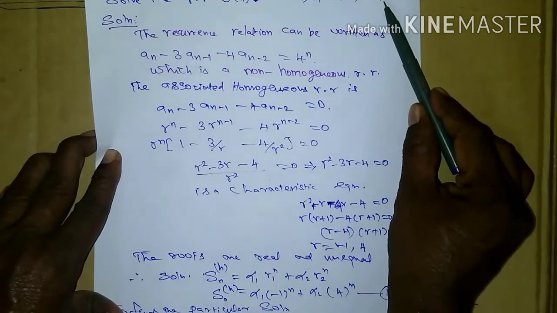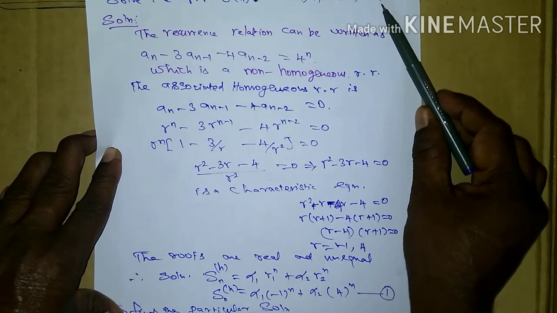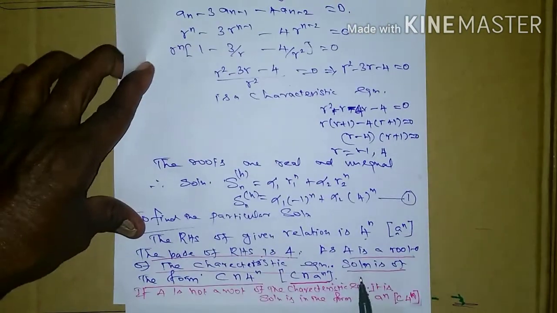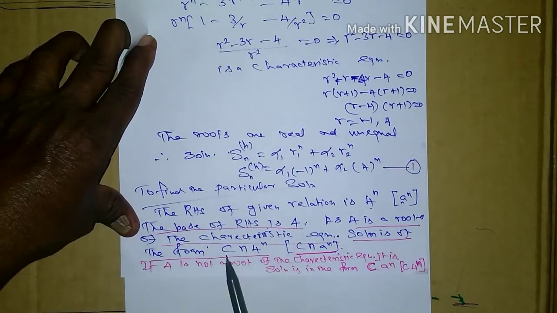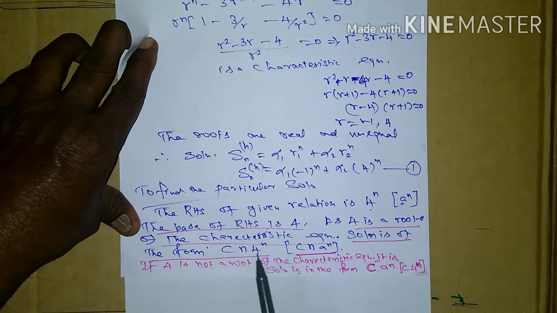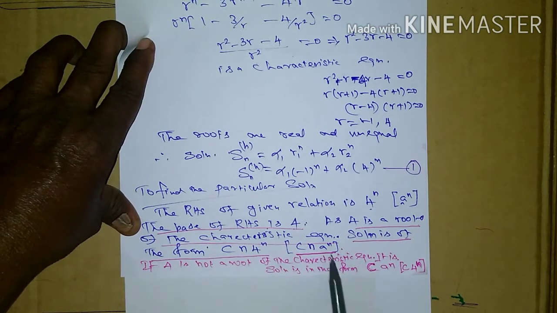Means the solution is of the form Cn into 4 power n, or we can write it as Cn a power n, where a is the base of the right hand side.